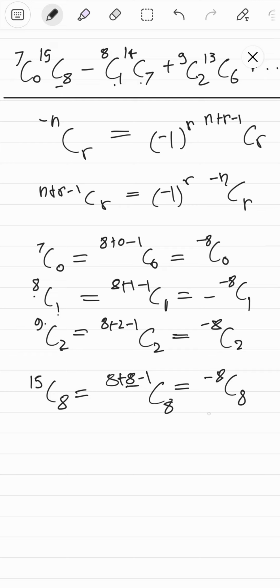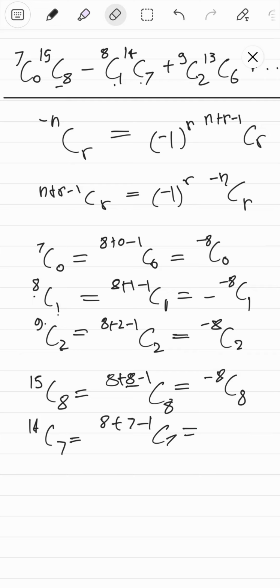You can see it's going to alternate between positive and negative as r changes. And then next you have 14C7, sorry, not 16. So that's 8 plus 7 minus 1, C7, because 8 plus 6 is 14, so that's 7 right here.